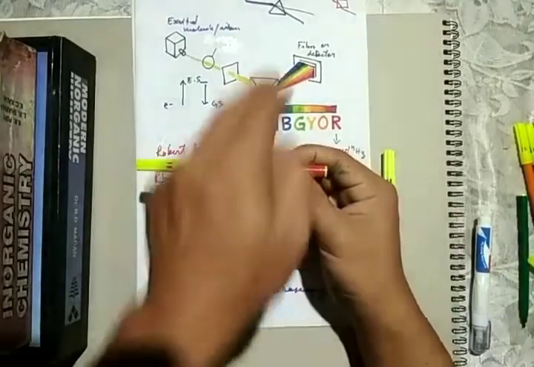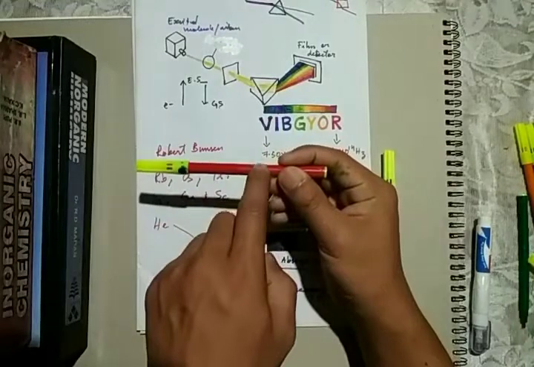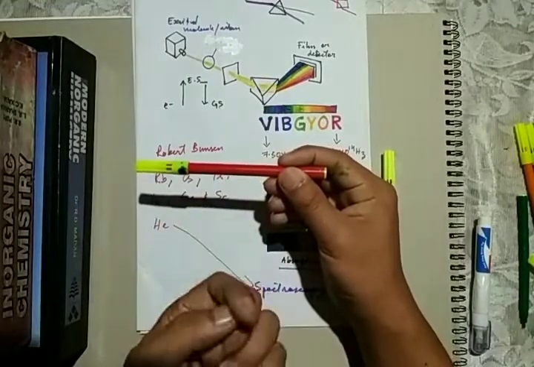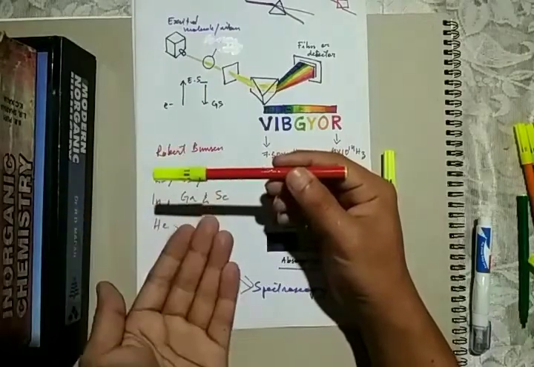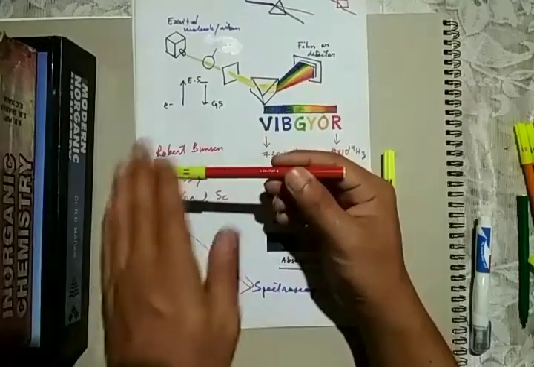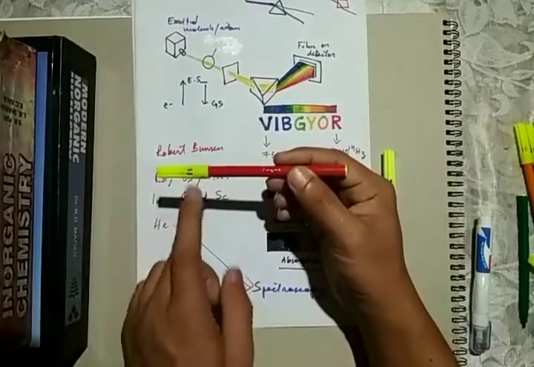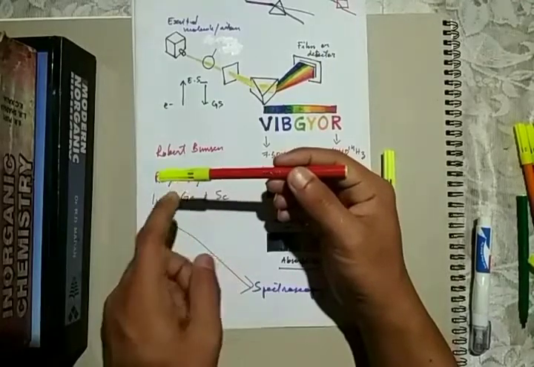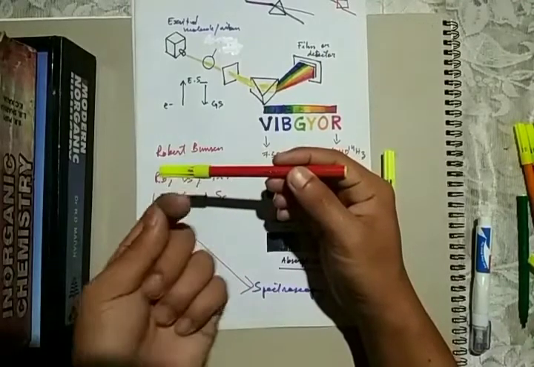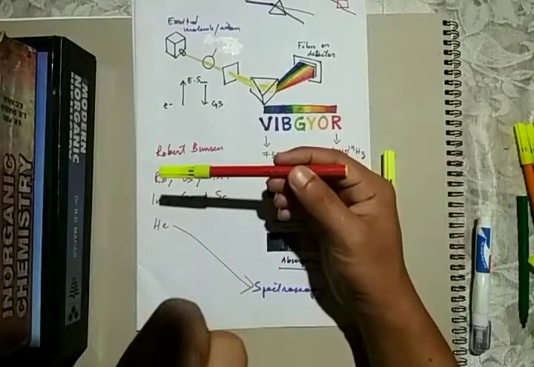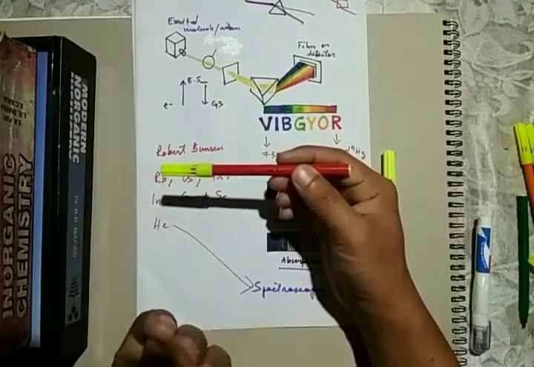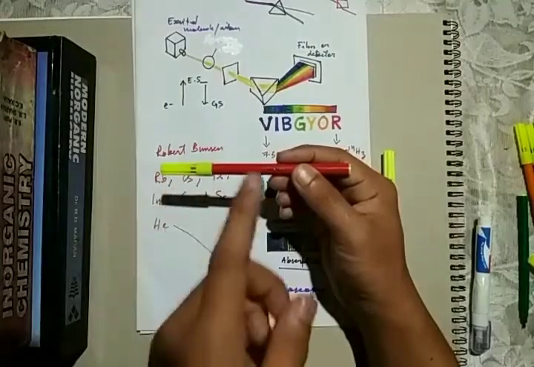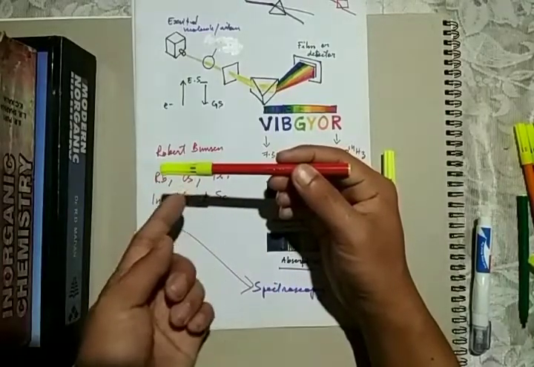So this red in the visible region gets reflected, and that's how we see this red color. Even this lemon yellow will absorb the rest of the colors except this, so this is reflected and we see this reflected color with our naked eyes. That's how it appears as lemon yellow.